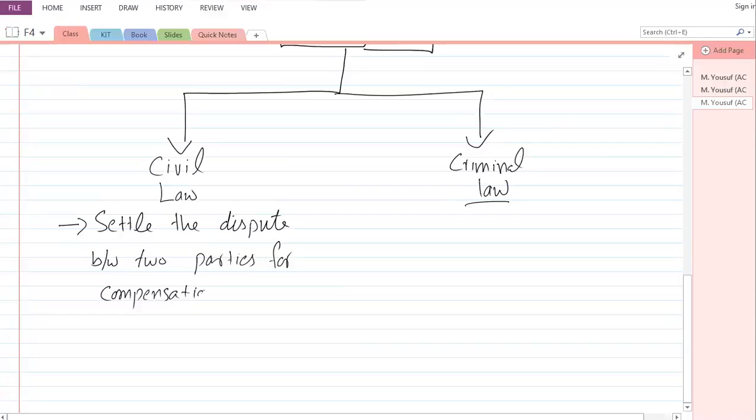This is the purpose of a civil law or of a civil case. Whereas the purpose of criminal law is to penalize the wrongdoer by state.